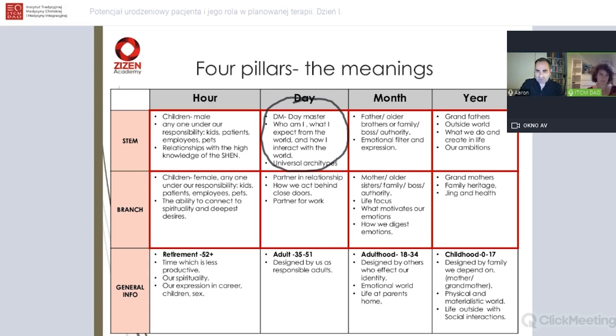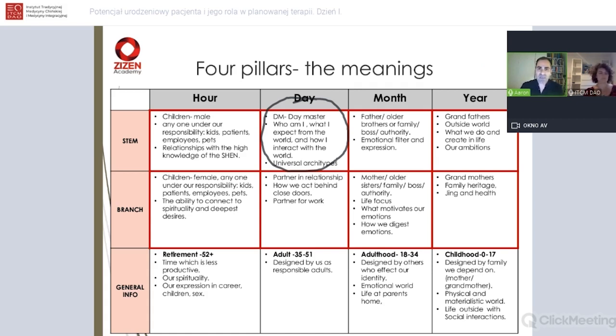Now we can consider, according to the location of each pillar, even lifetimes, which means the year pillar, which is representing basically the grandfathers, the outside world. It's all our activities on the outside, okay?